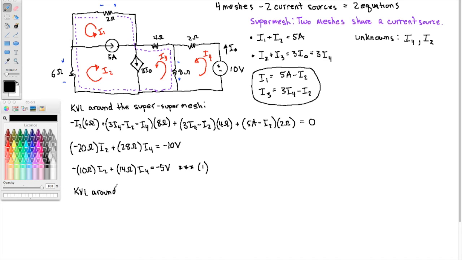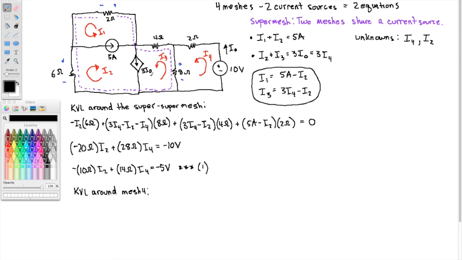So let's do KVL around mesh 4. Okay, so I'll start at the top left, and I'll go in the direction of the current that I've chosen. So let me erase this polarity here. Now I want to know, what is the drop from top to bottom across the 8 ohm resistor.